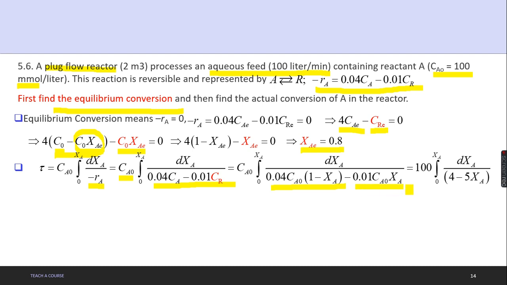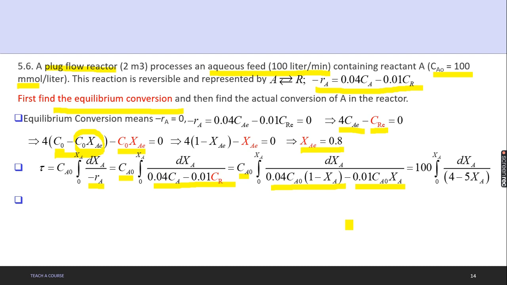We plug this here. The Ca0 value you already know, it is 100. If we put the Ca0 value over here and simplify, Ca0 is cancelled, and we can rearrange, it becomes simply dxa divided by 4 minus 5xa.